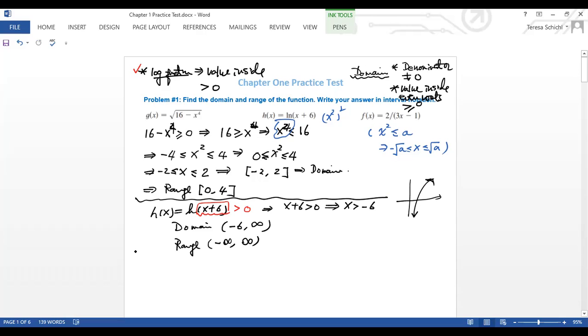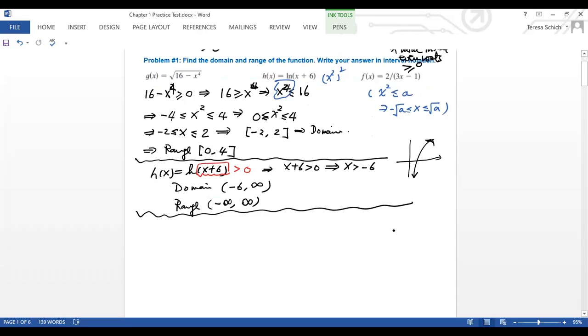Okay, now good. Let's take a look at the next one here. f of x is equal to 2 over 3x minus 1. As we mentioned, for the domain, because this is a fraction, the denominator cannot be equal to 0.